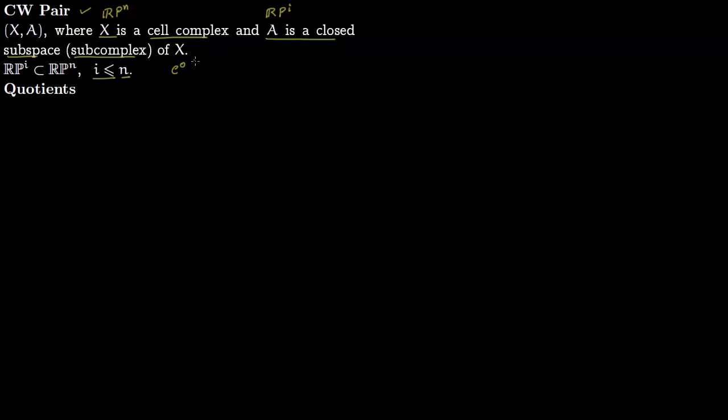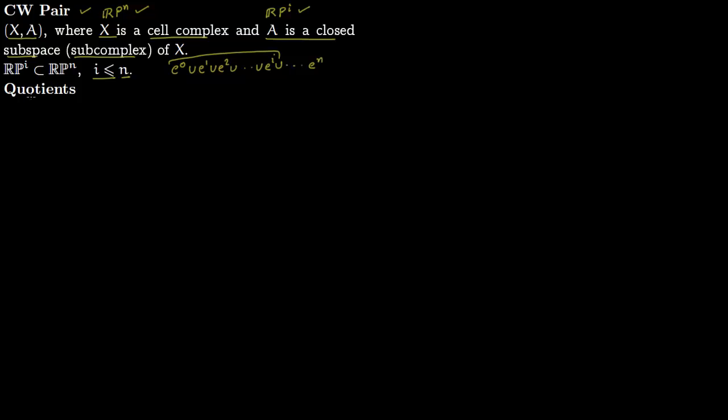This is how our RP^n looks: e^0 union e^1 union e^2, and then somewhere e^i, and then you go all the way to e^n. Then you take these cells right here along with all their attachment maps etc. You get RP^i. So this RP^i is a subcomplex of RP^n, and that is how you get a CW pair.